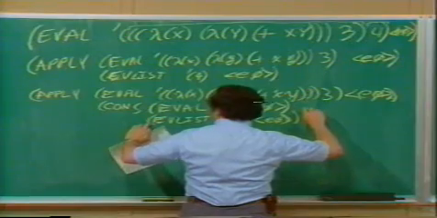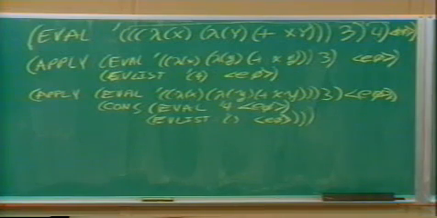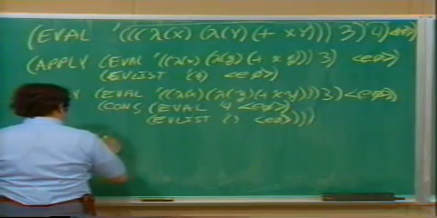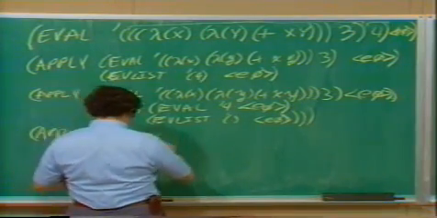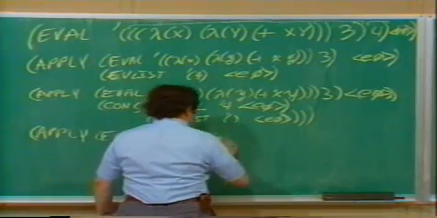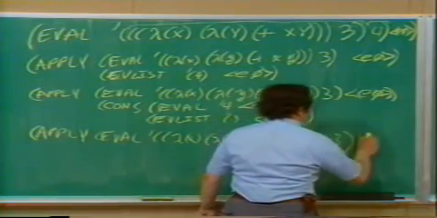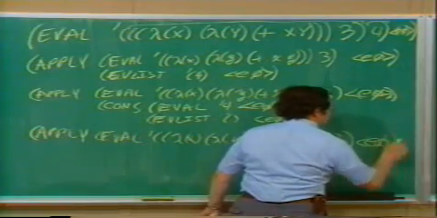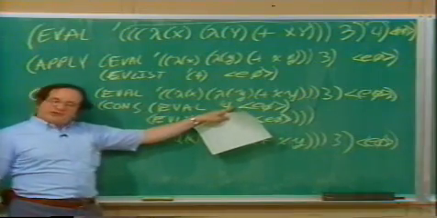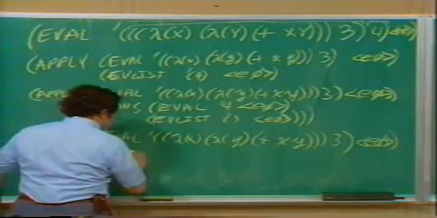And I'm going to start leaving out steps soon because this is going to get boring. But this is basically the same thing as apply of eval. I'm going to keep doing this. The lambda of x, the lambda of y, plus x, y, 3, close, E0. I'm a pretty good machine. Applied, well, eval of 4, that meets the question, is it a number? So that's const, right? Const of 4.